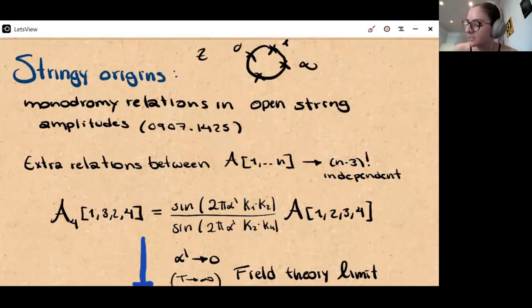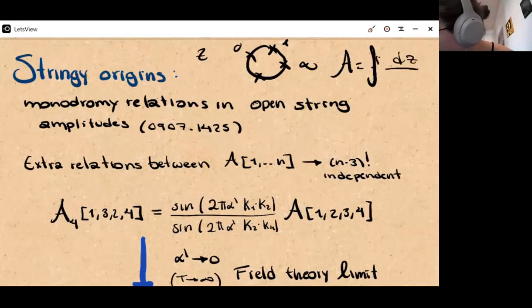Then your amplitude is going to have a lot of integrals with terms of dz, and I guess I didn't put in the factors, the z_i and z_j powers. Sorry, I don't have enough space here. But just imagine there's a function of polynomials of z's in here.